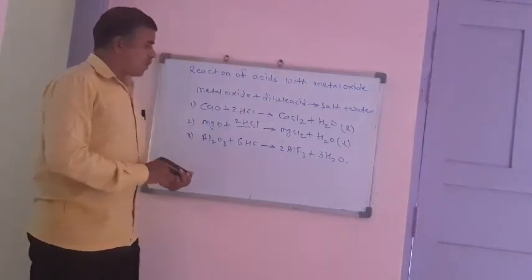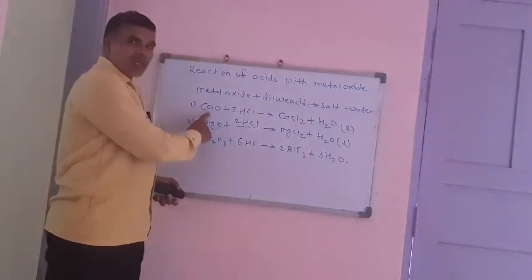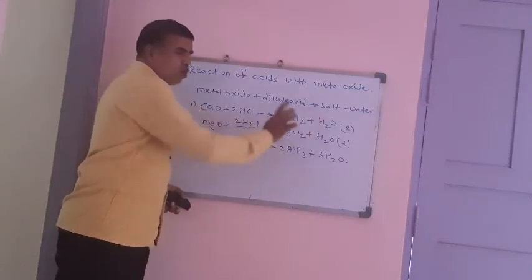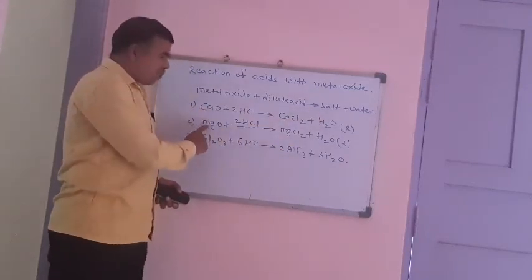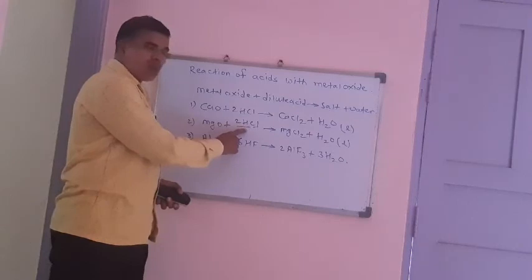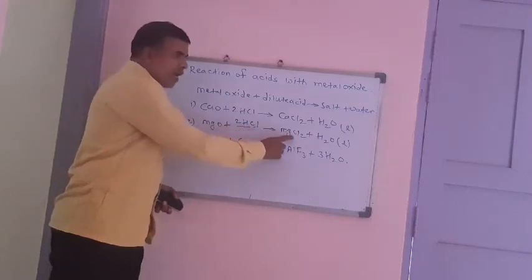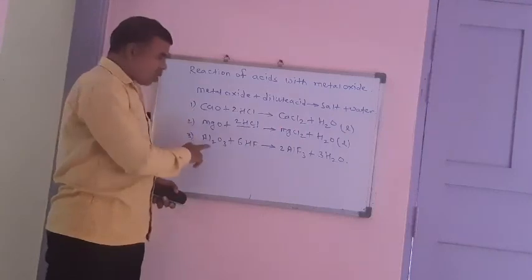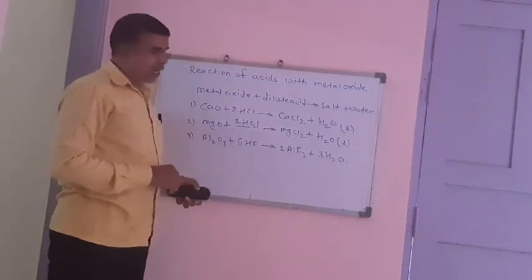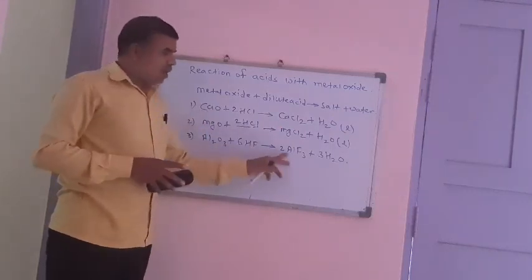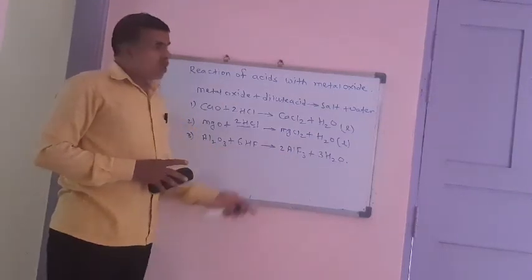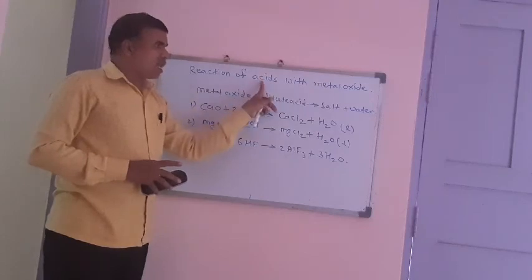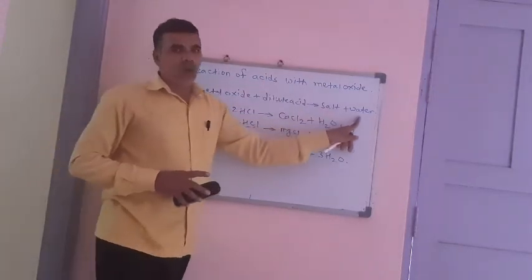First, calcium oxide reacted with HCl, we get calcium chloride and water. Second, magnesium oxide reacted with HCl, we get magnesium chloride and water. Third, aluminium oxide reacted with hydrogen fluoride, we get aluminium fluoride and water. So in these three examples, any metal oxide reacted with acid forms salt and water.